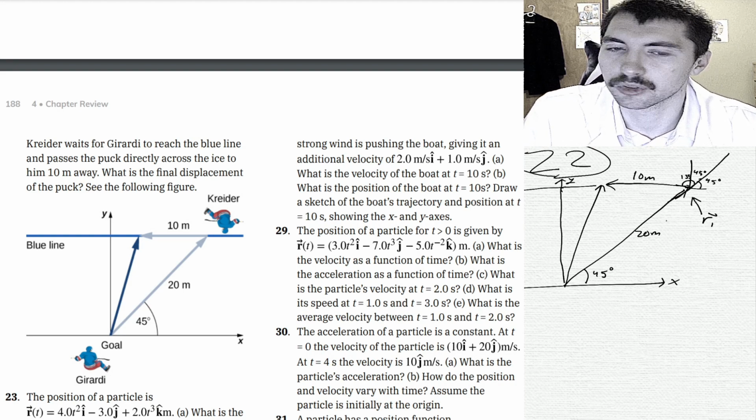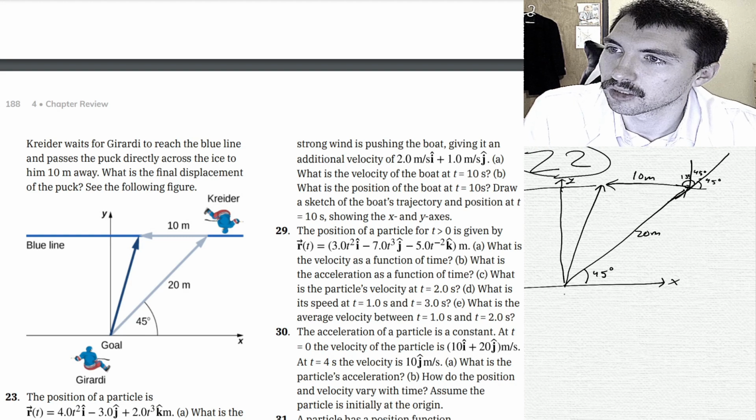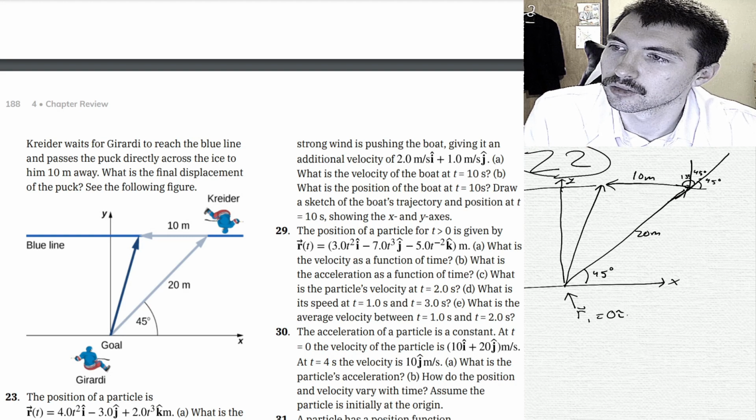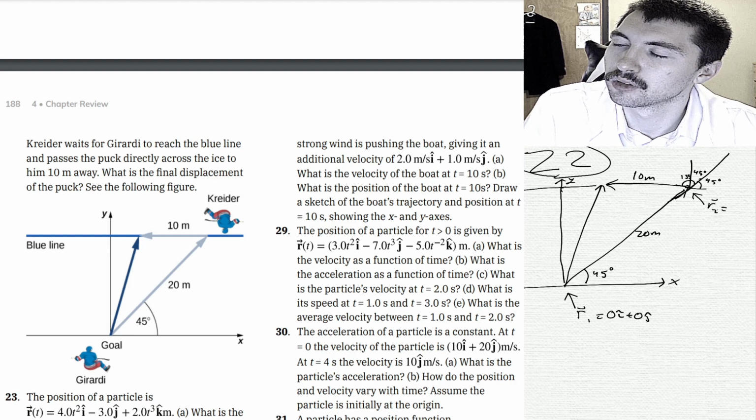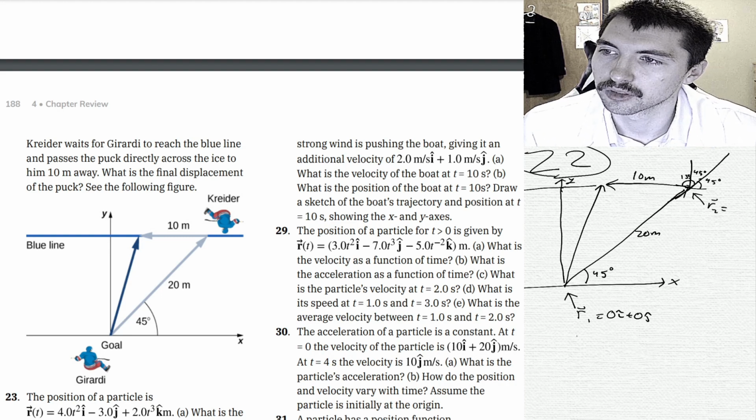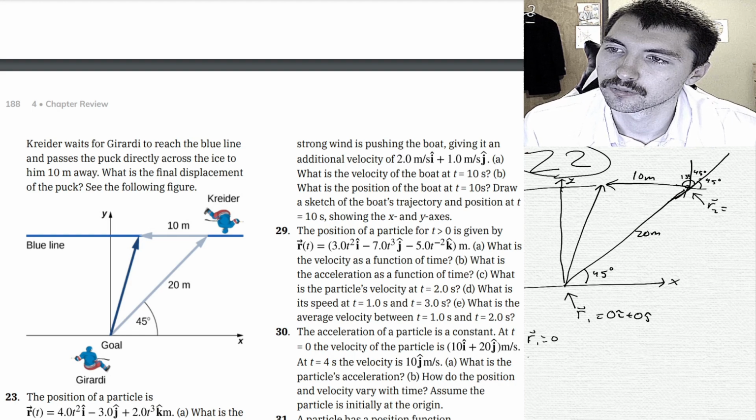Well, I guess we should say here is R1. And then we could say here is R2.